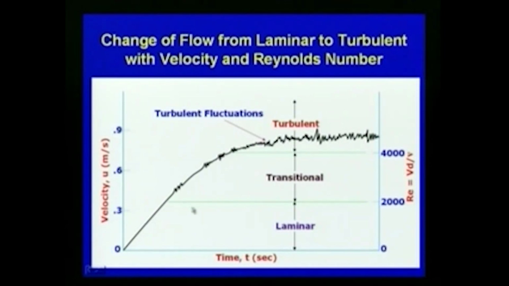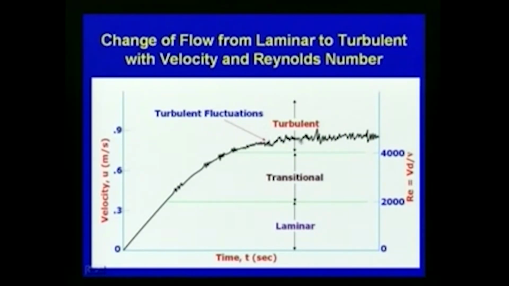So, this is the change of flow from laminar to turbulent. The Reynolds number is on this axis and here the velocity, and with respect to time we can see that this range is the laminar flow range. Then between the Reynolds number 2000 to 4000 we have the transitional state, and beyond 4000 you can see that the velocity is fluctuating with respect to the mean value.